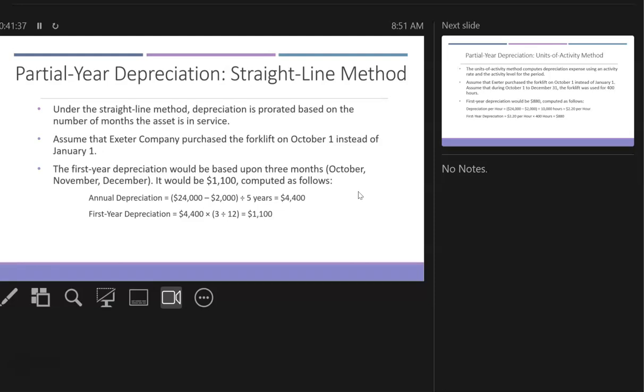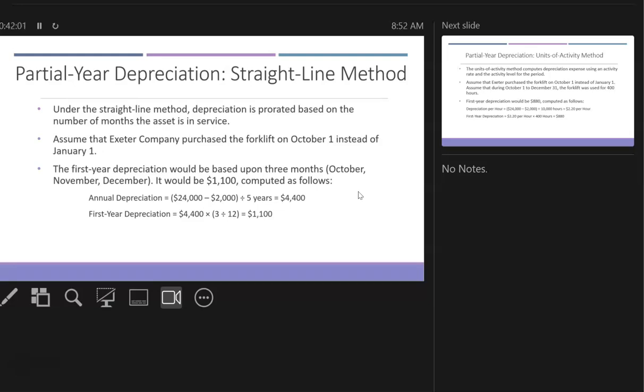October, November, and December? Does that make sense? So if $4,400 would be for the full year, we're only going to take 3 months out of 12 months, correct? 3/12 of that for the first year.